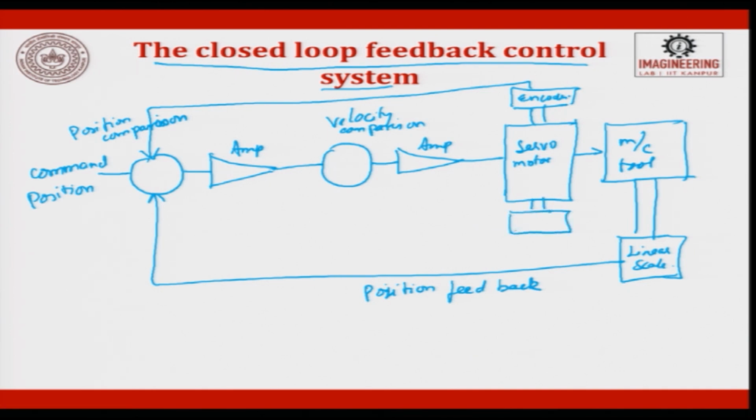A tacho generator is nothing but a device measuring the RPM, and this tacho generator in turn is attached to the velocity amplifier. We try to get the signal. So, you see the servo encoder is attached, the tachometer is attached, for velocity and position. The servo motor is attached to a machine tool, and you have a linear scale which in turn gives the data.